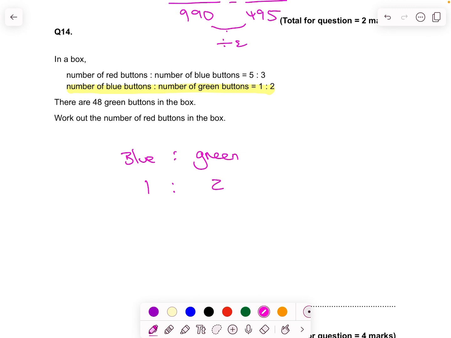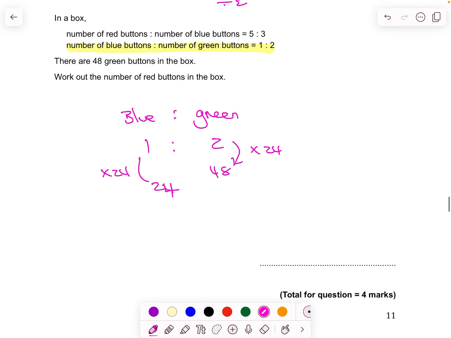It already tells me there are 48 green buttons, so I must have multiplied by 24. I got 24 by doing 48 divided by 2. That means this must also be multiplied by 24. So that means there are 24 blue buttons.